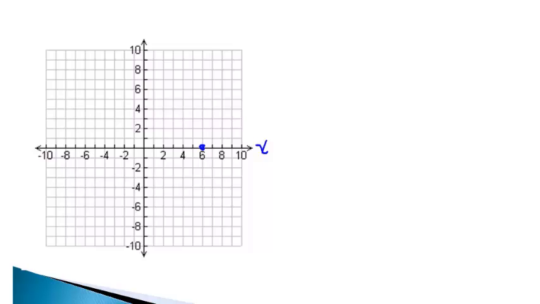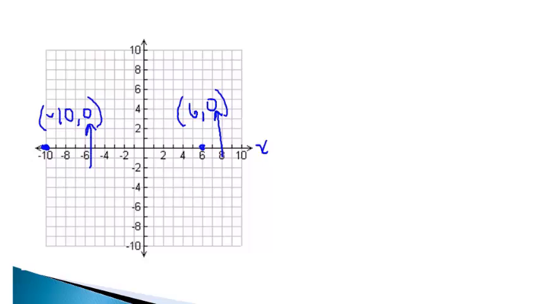Remembering we move left and right first, then up and down, as an ordered pair that would represent the point 6, 0. Let's grab another point along the x-axis, this one all the way on the left. As an ordered pair, that would represent the point -10, 0. So any point along the x-axis will have a value of 0 for y.